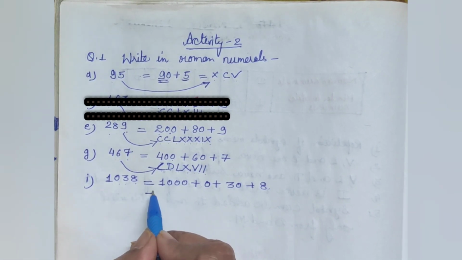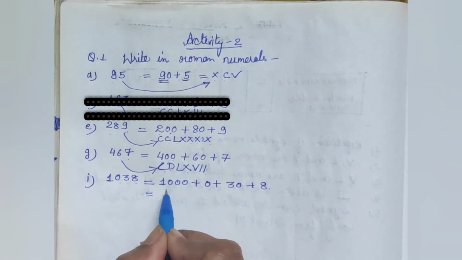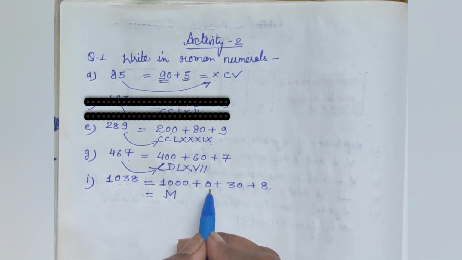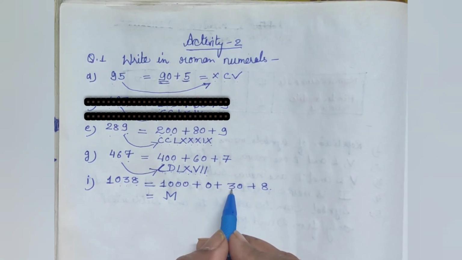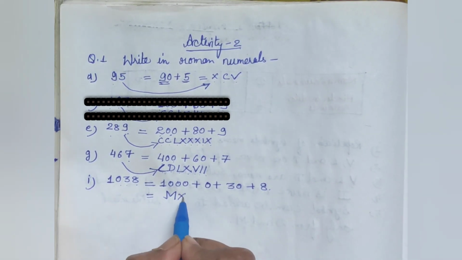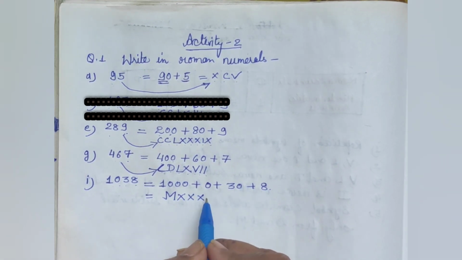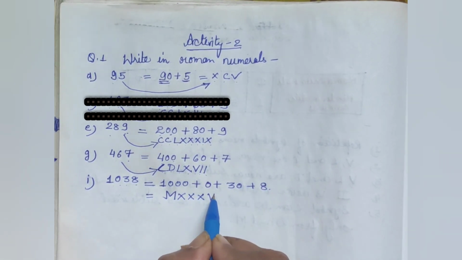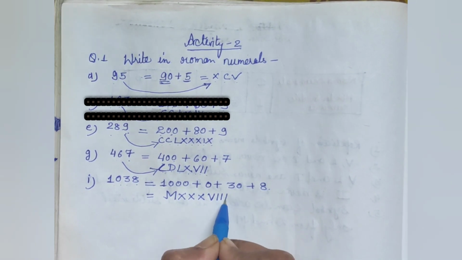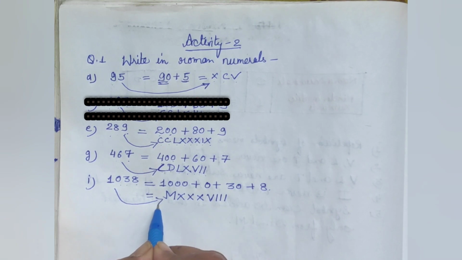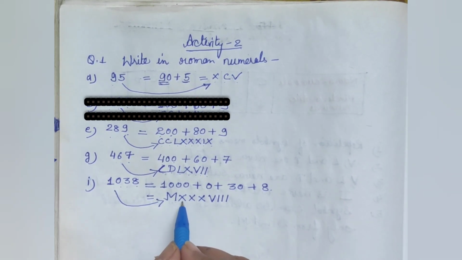For 1000 we write M. In Roman numerals there is no symbol for 0, and for 30 we write XXX, and 8 we write VIII. So 1038 is written as MXXXVIII.